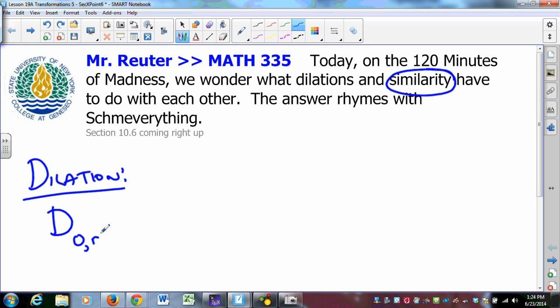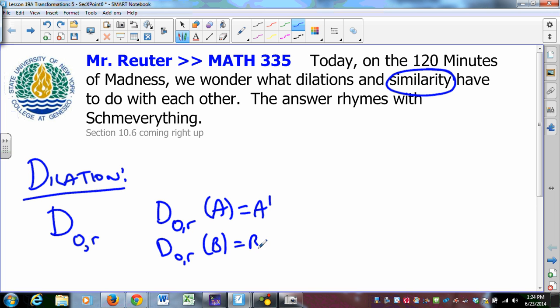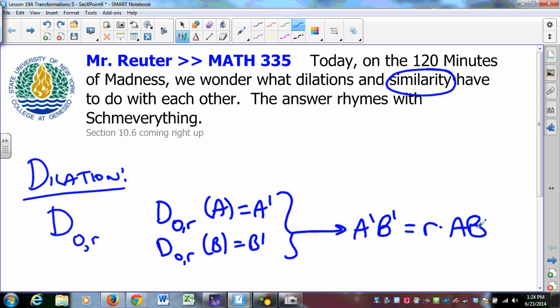So some fixed point O and some constant of proportionality R. And that's defined in such a way that if the image of A is A prime and the image of B is B prime, then the distance between A prime and B prime is R times the distance from A to B. In a dilation, the center O is a fixed point.